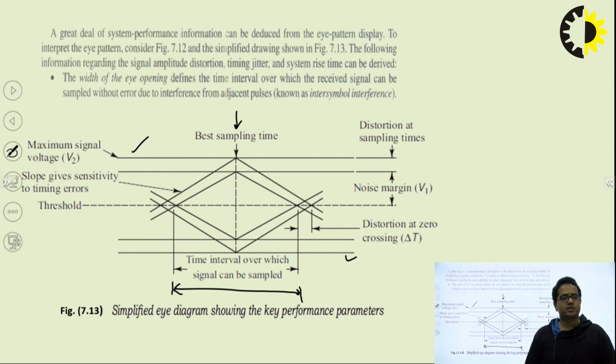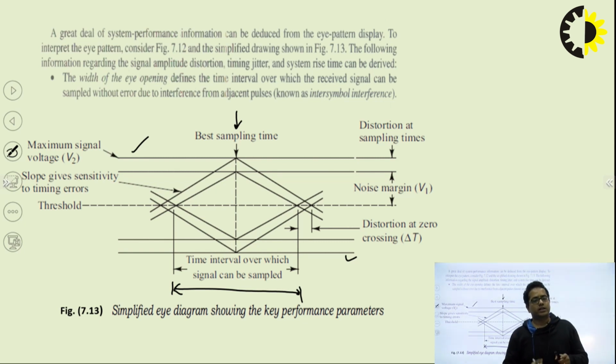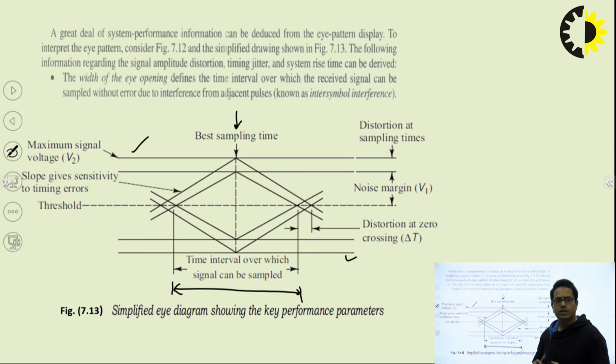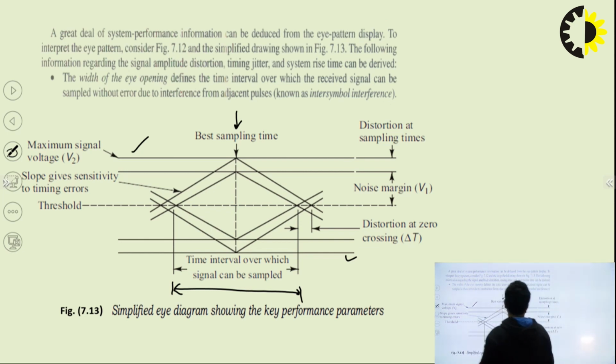So we have to keep in mind at the receiver at what point the sampling time is best to recover the signal with the best strength, and the distortion at the 0 crossing. So this is the distortion at the 0 crossing.